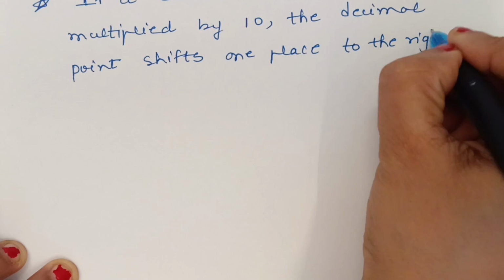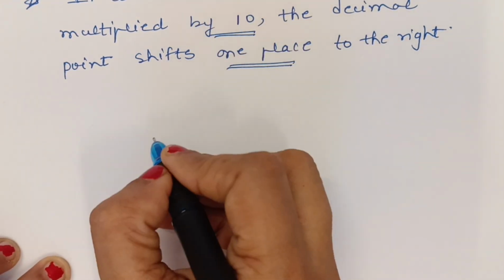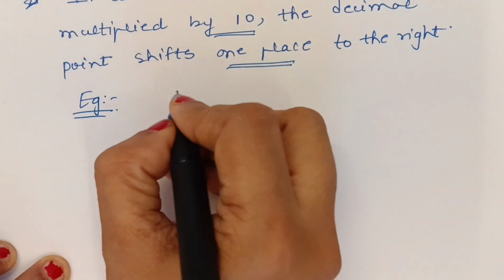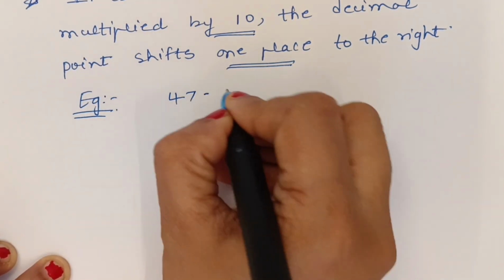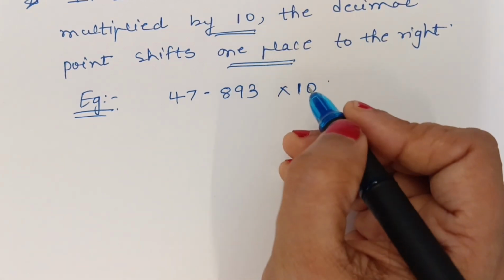Very, very important. Only one place. Why? You are multiplying it by 10. Now let's see one example: 47.893 into 10. How can you do it?